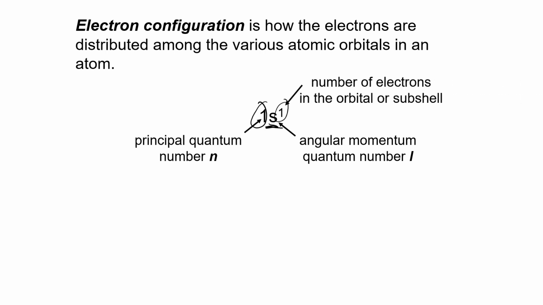And the numerical subscript is the number of electrons in that orbital or subshell. And for the orbital diagram, this example is just for the one electron atom hydrogen, we draw boxes to indicate the orbitals, and then of course show the electrons occupying those orbitals with arrows.